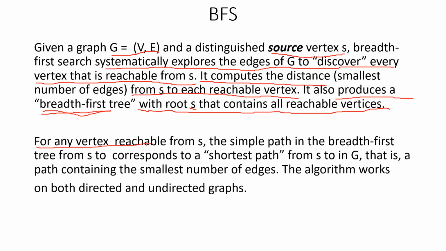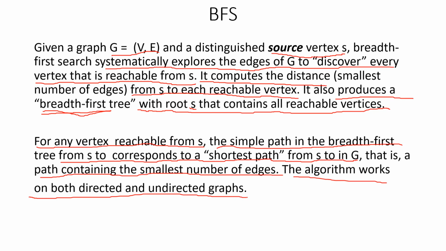For any vertex v reachable from S, the simple path in the breadth-first search tree from S to v corresponds to a shortest path from S to v in G. That is a path containing the smallest number of edges. The algorithm works both on directed and undirected graphs.